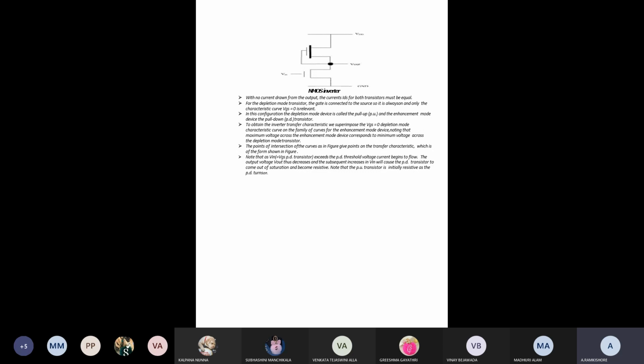Due to the channel formation, it acts like a closed switch, and the output is connected to the ground. So it completely pulls down the Vout logic. If Vin is equal to 1, Vout is equal to 0.